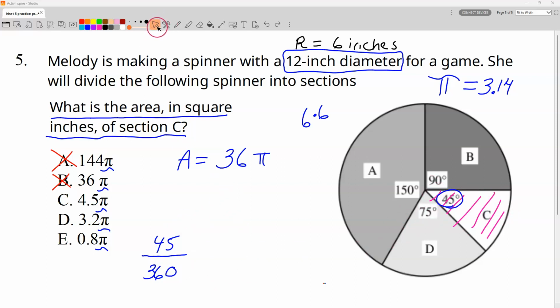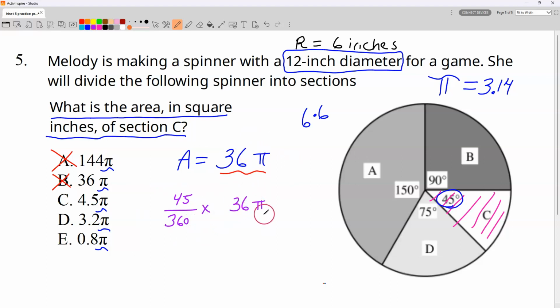And the total area was 36 pi right here. So what I'm going to do, let me just write this up here. I'm going to take this section, 45 out of 360. That's the part that I want times the total area of 36 pi.